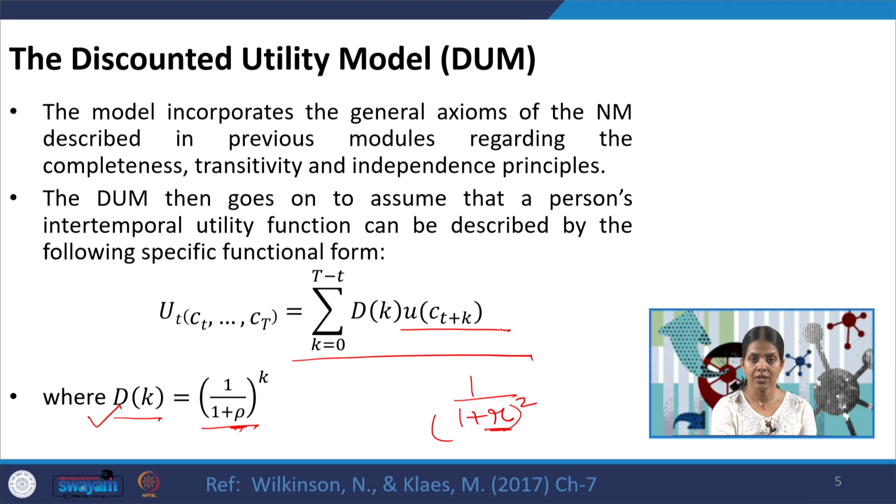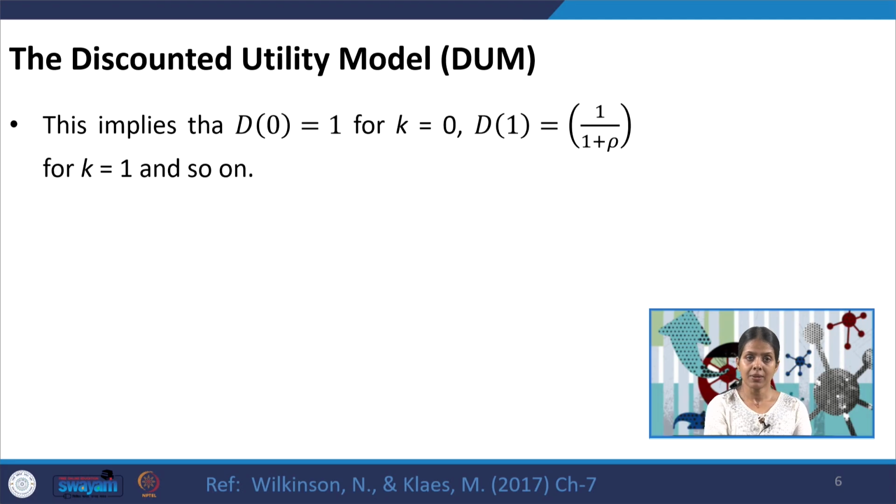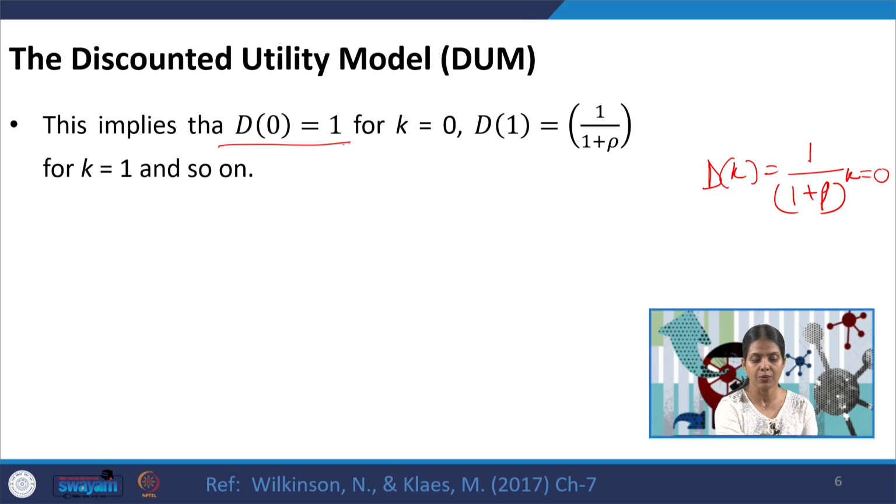What are they discounting? They are discounting the future flow of utilities arising out of consumption. This implies that d naught equals 1. So, if dk is 1 upon 1 plus rho raised to the power k, then when k is equal to 0, d 0 equals 1. Then d 1 would be 1 upon 1 plus rho and so on.